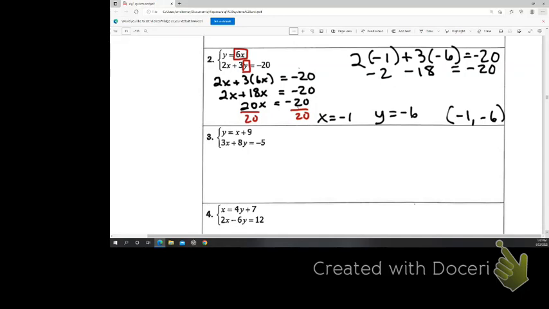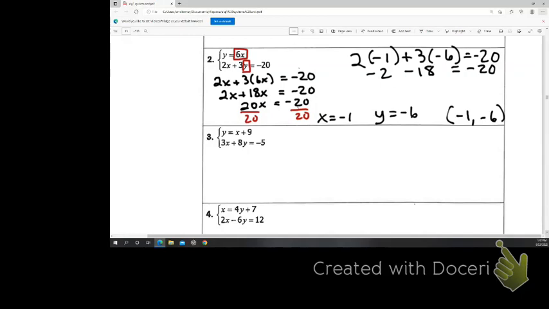If you're checking it, don't use the same equation you just used to find y. Use the other one. So in that case, when we substituted it, we just did 3 times 6x. And it was just 18x because it was 6x, not 6 plus x.